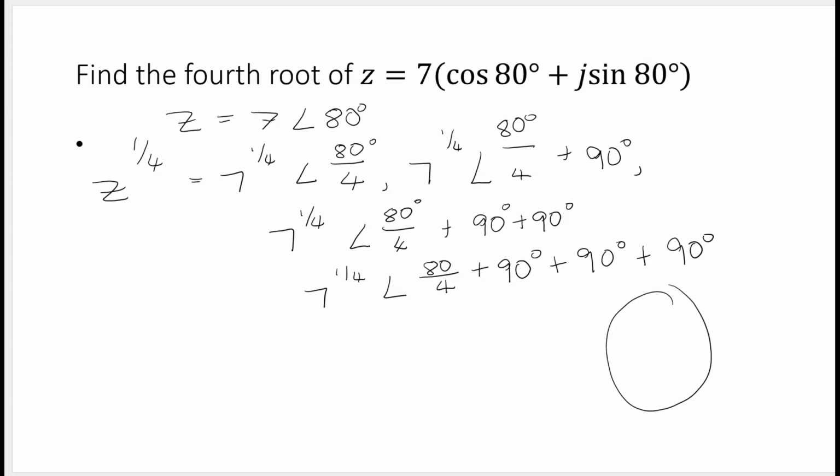So if you've got your circle, and the first one was 20 degrees, so it's pretty little. The next one is going to be at 110. The next one's going to be at 200.